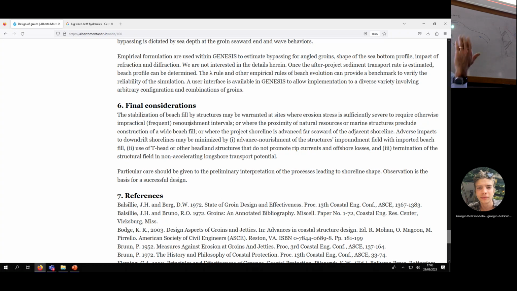In some cases, as I said last Wednesday, you may need to couple these interventions with other actions like beach nourishment or beach scraping. I'm not sure if I mentioned it to you, which means that during the extreme conditions of winter, you take the sand back onto the beach in order to avoid it being eroded. So you may have to consider the integration of several solutions.